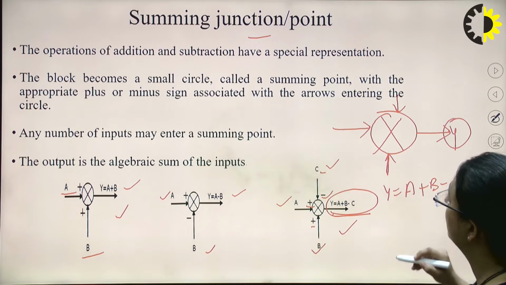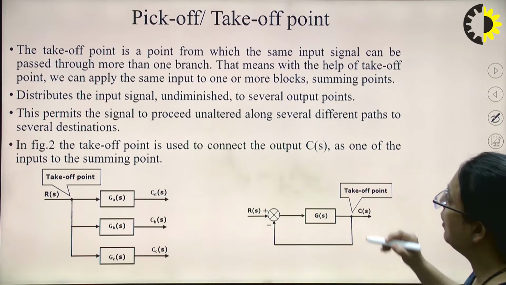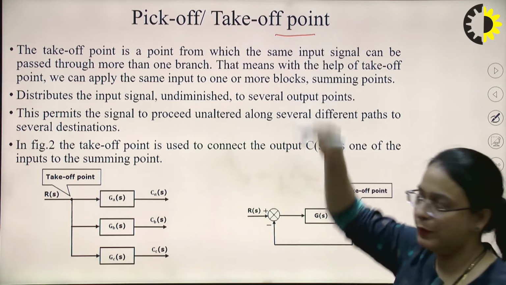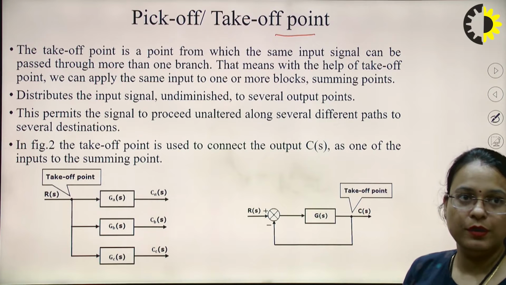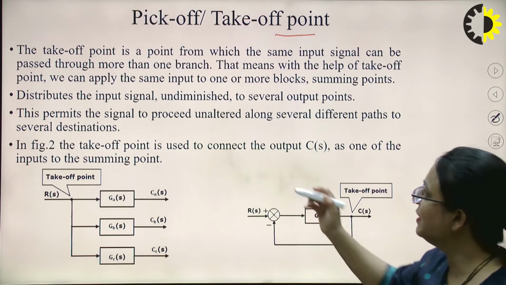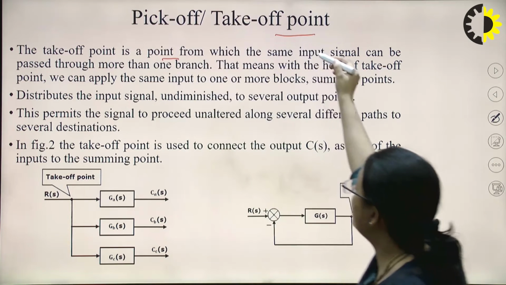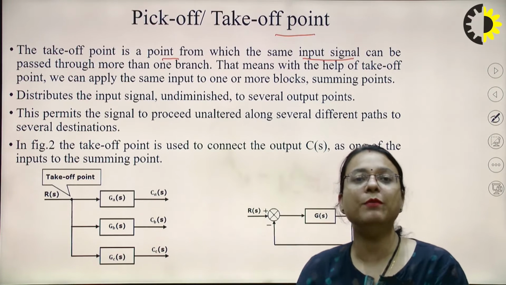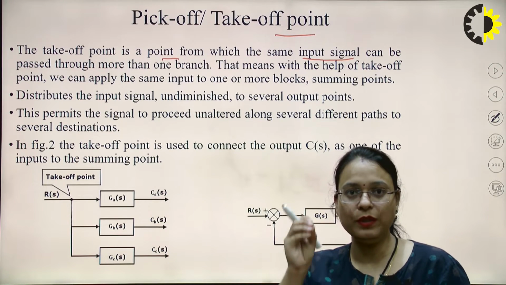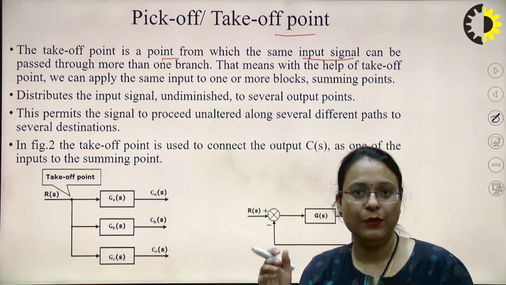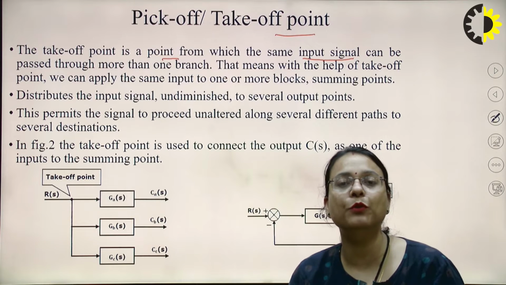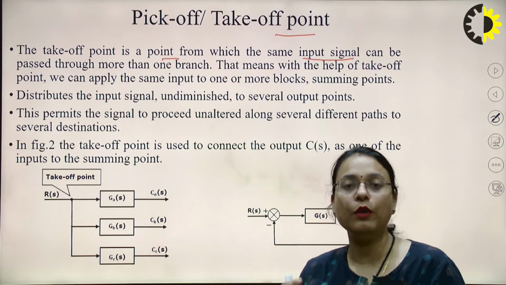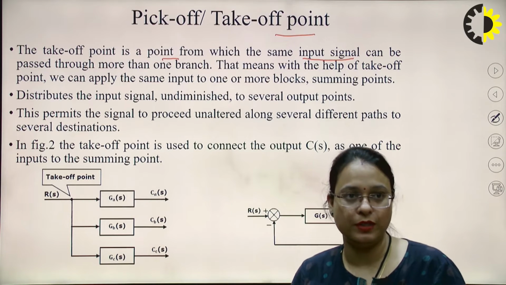So coming to the takeoff point, or you can say the pick-off point. This takeoff point is basically a point from which the same input signal can be passed through more than one branch. That means with the help of this takeoff point, we can apply the same input to one or more blocks or to one or more summing points, right?